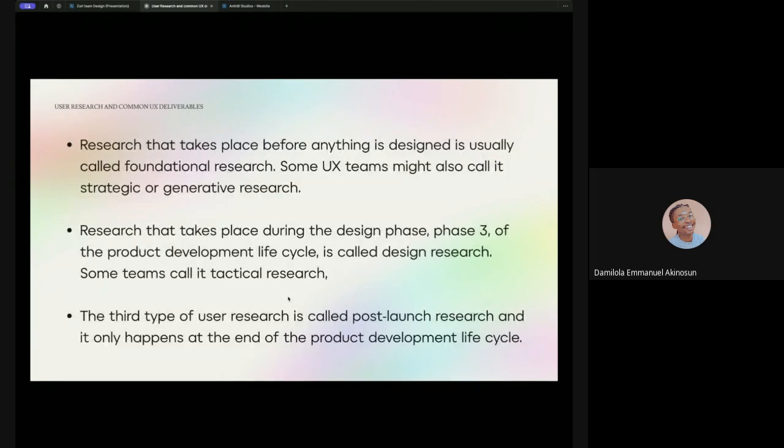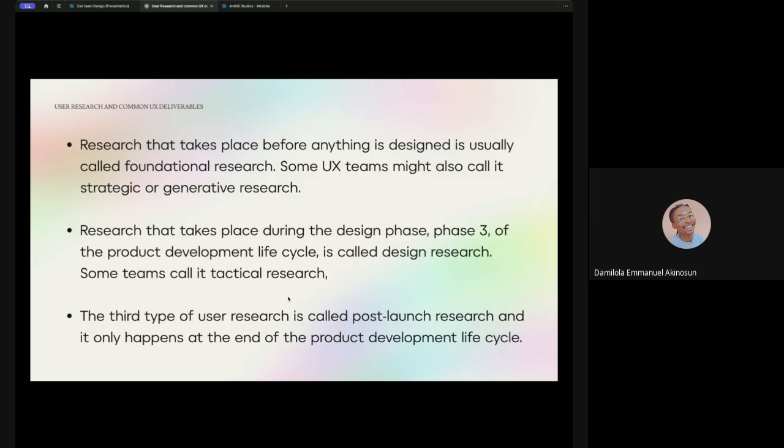Now, we just talked about the fact that UX research is something that you do before, during, and after. That means, and we're diving into the part where we're talking about the types of user research, right? Basically, we have three types of user research. We have the foundational research, which, based on the definition in this first bullet point, is research that takes place before anything is designed.